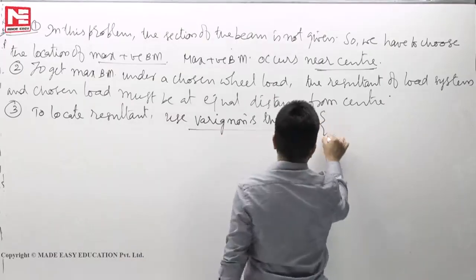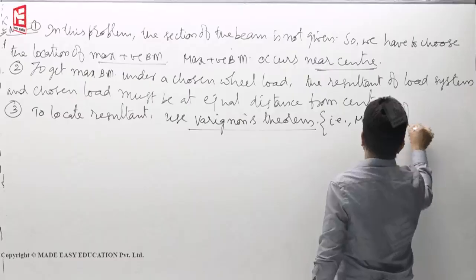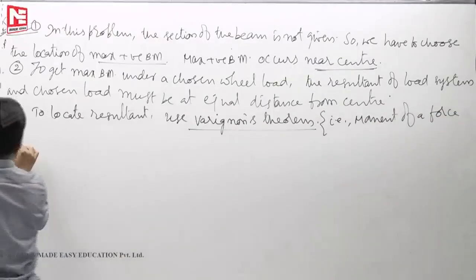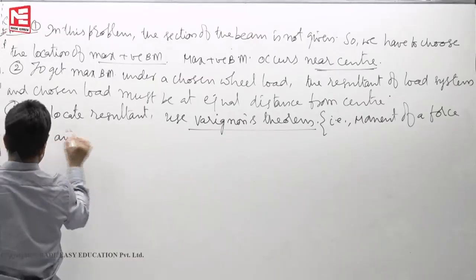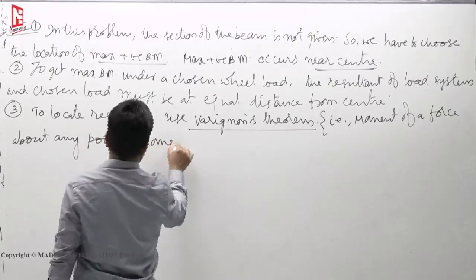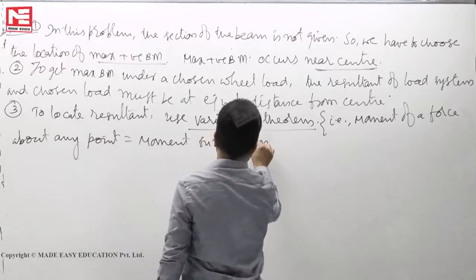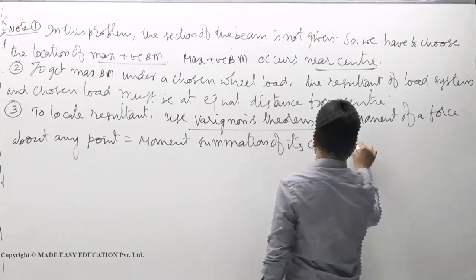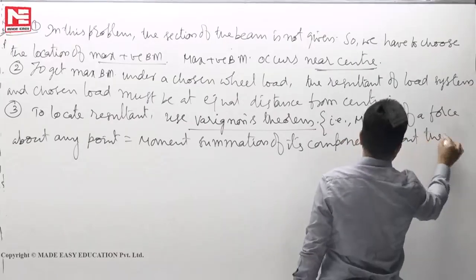What is Varignon's theorem? The moment of a force about any point is equal to the moment summation of its components about the same point.